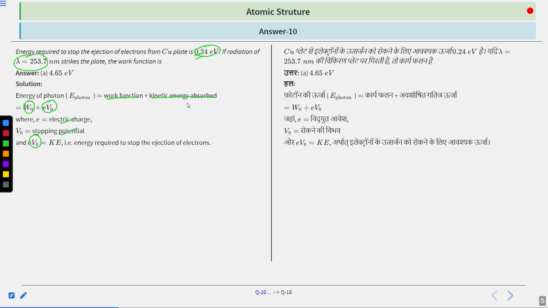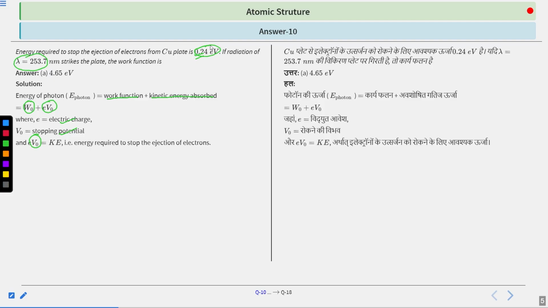So we have two parts: the applied energy, and the electrons ejected with some kinetic energy. Now we apply an opposite energy to stop the electrons, so their kinetic energy is neutralized by the applied potential. If you calculate the energy corresponding to this in joules, you get the kinetic energy.